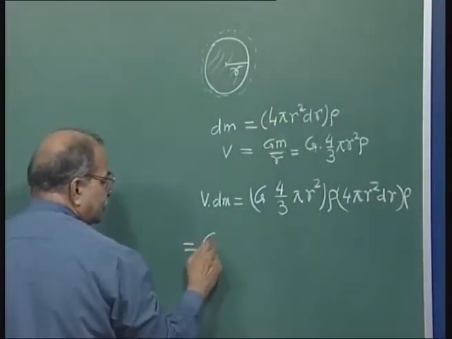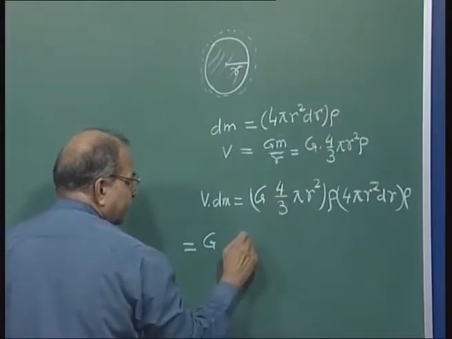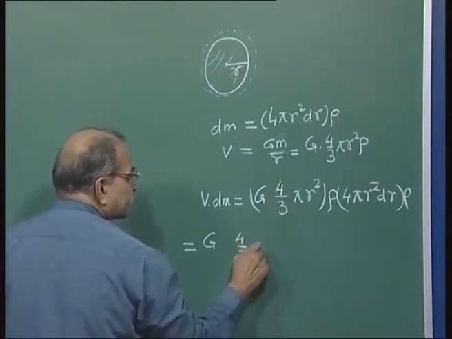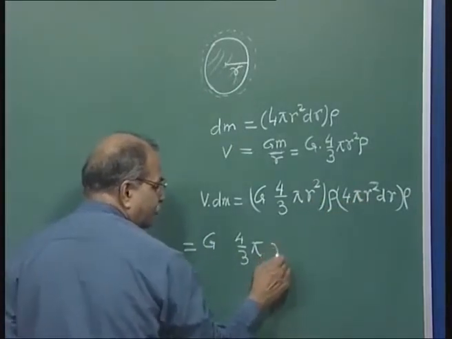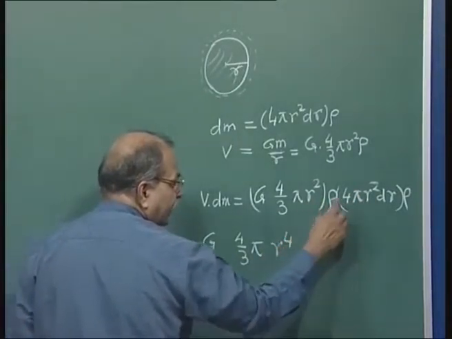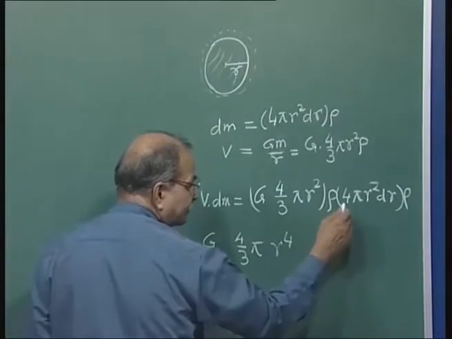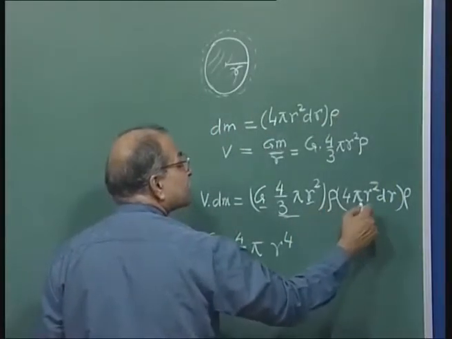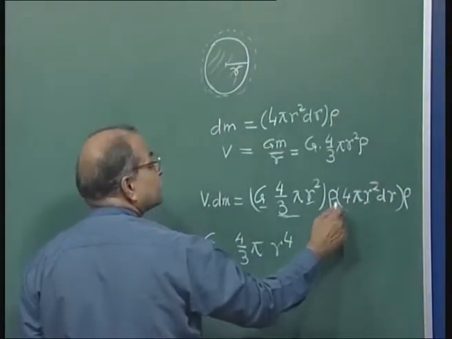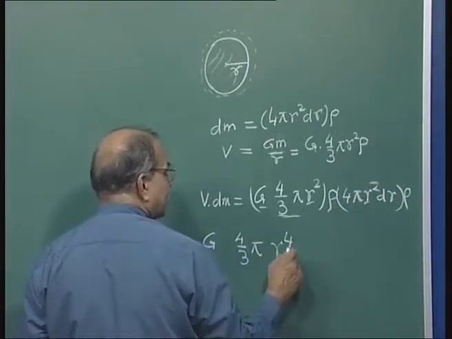So, this is G 4 by 3 pi, and r square into r square will be r to the 4. Okay. And then what is left? We have taken this G, this 4 by 3 pi, this r square, this r square, and this 4 pi will be there, correct.